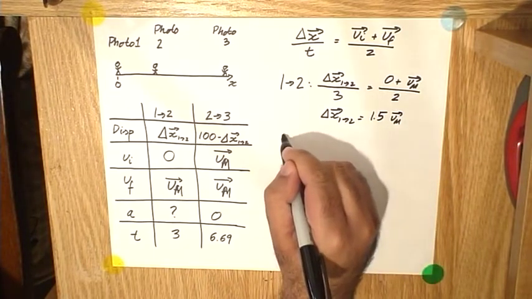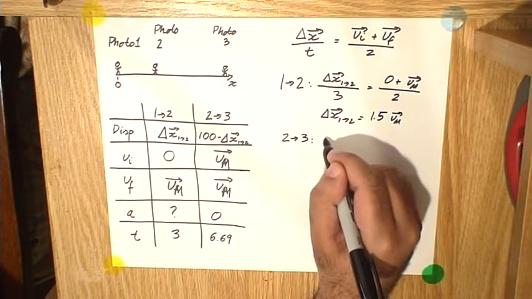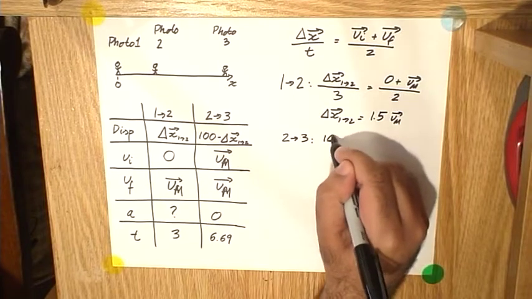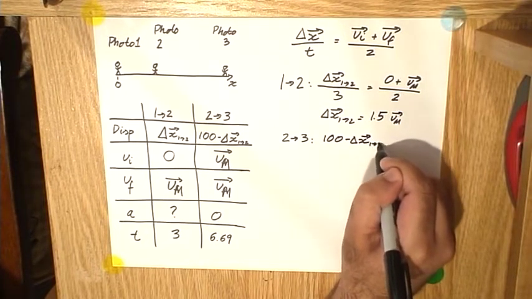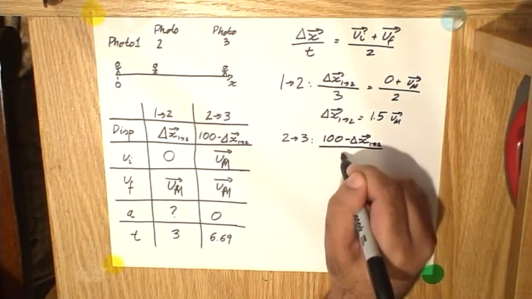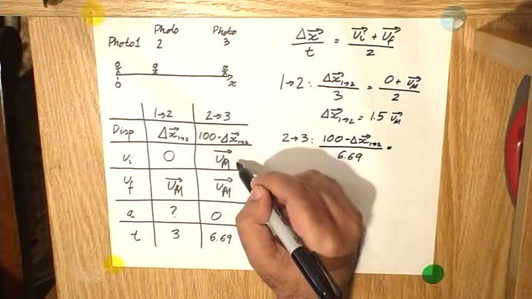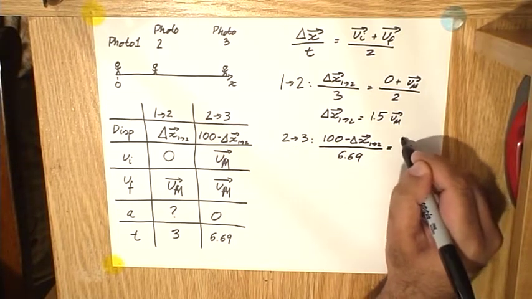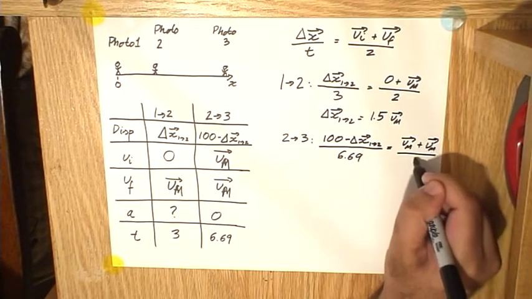What about from 2 to 3? From 2 to 3, we would say that the distance, or rather the displacement, that's 100 minus delta x 1 to 2, divided by the time, 6.69, is equal to initial velocity, that's v max, plus final velocity, which is also v max, divided by 2.